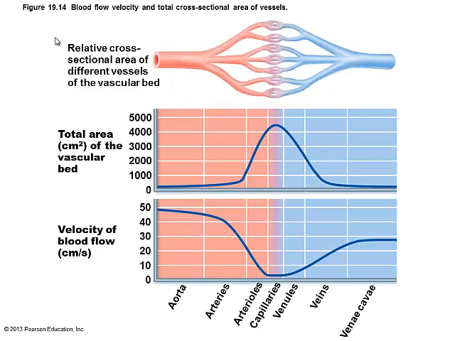What is the velocity of blood flow diagram showing me? Well, where is blood flow fastest? The arteries, right? So we see the fastest velocity of blood flow in the arteries. Where is it moving the slowest? It's moving slowest through the capillary beds.